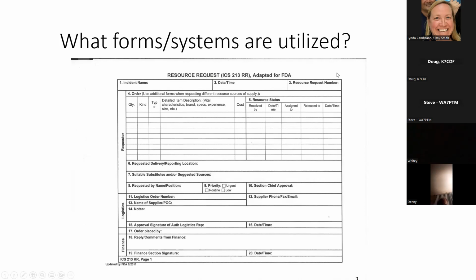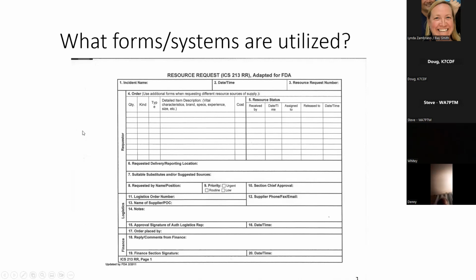But one of the things I talked about, this resource request number, is very important, because that's going to be assigned to whoever you're requesting. Like if you're requesting a strike team of engines or strike team of bulldozers or hand crews, they're going to have this resource request number, and that will be given to them.